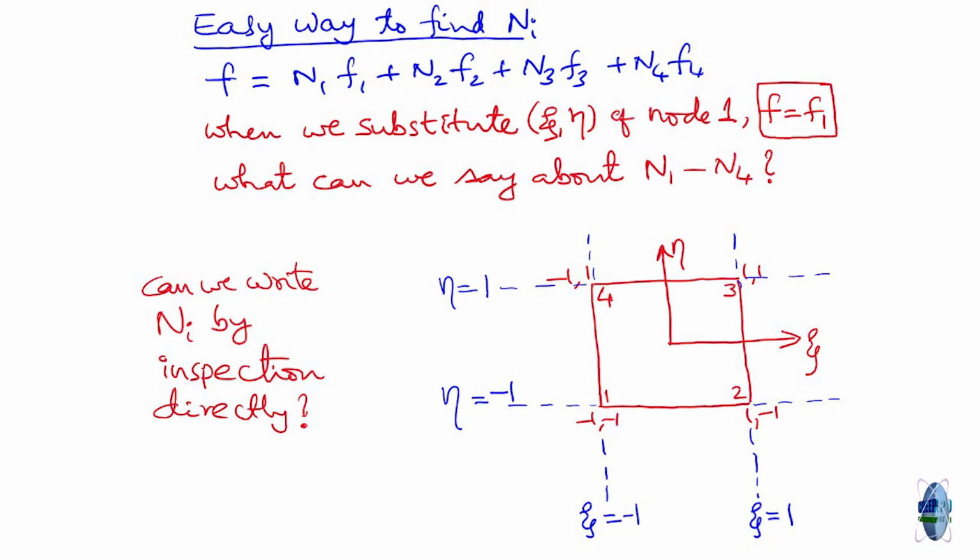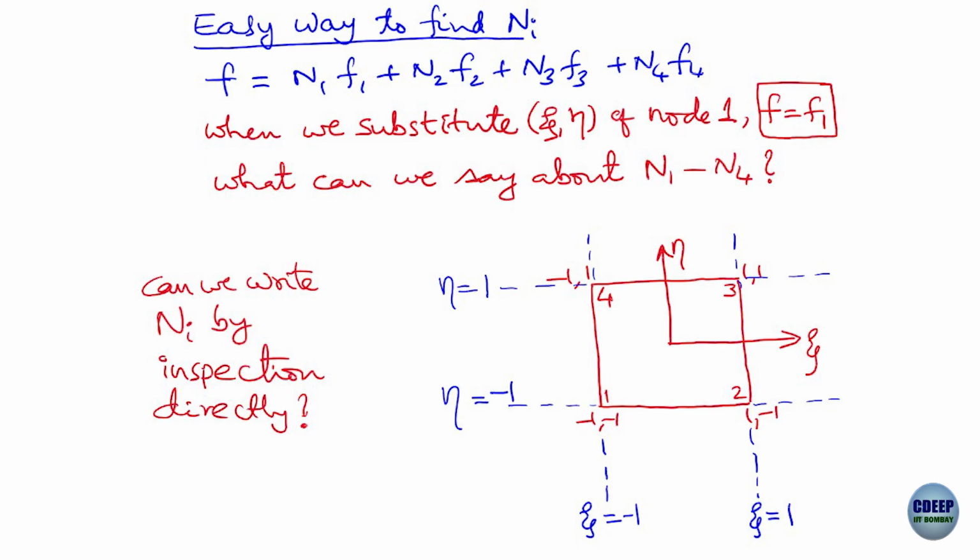Now, whatever be N1, N2, N3, N4, if I substitute the coordinates of node point 1, okay, wherever I am, this formula will be valid within that element, wherever I am. But if it becomes node 1, I substitute the coordinates of node 1, F expression should reduce to what? F1, correct?